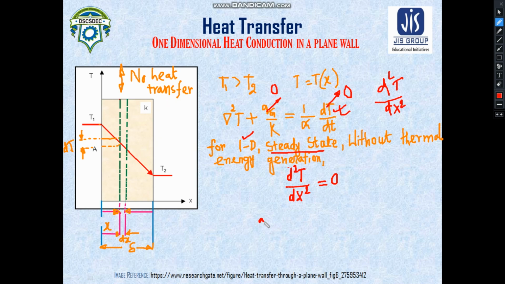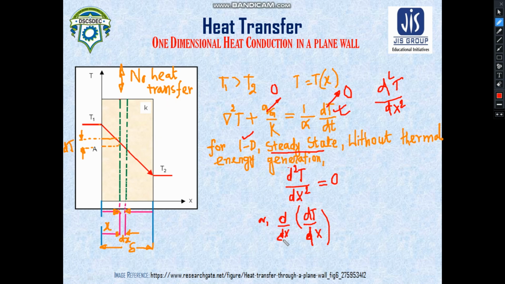Now what we will perform is a simple integration here. So it will be like this, d/dx of dT/dx, we can express this d2T/dx2 as like this. From your basic understanding of calculus, it is very simple.